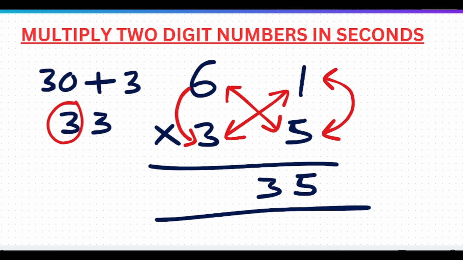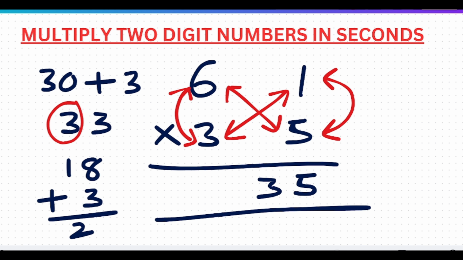So 6 and 3, we need to multiply them. 6 times 3 is 18. And now you add the leftover number 3 to 18. That gives you 21. So what is the final answer? It's going to be 2135. So 61 multiplied by 35, the answer is 2135.